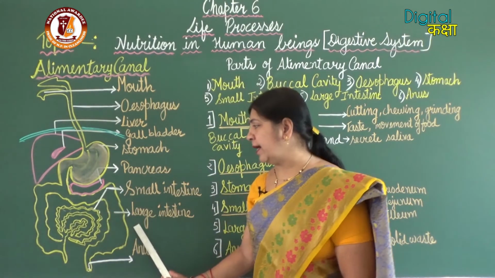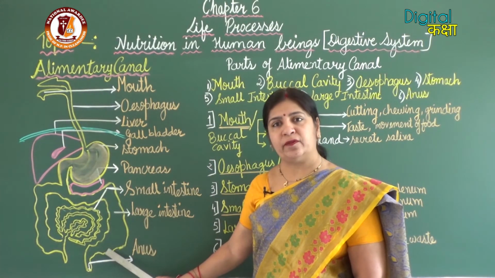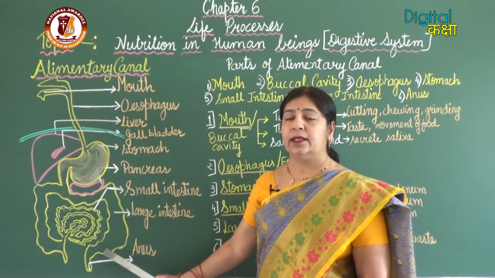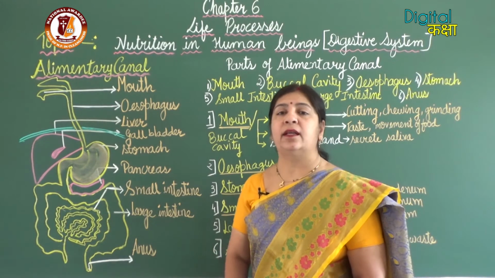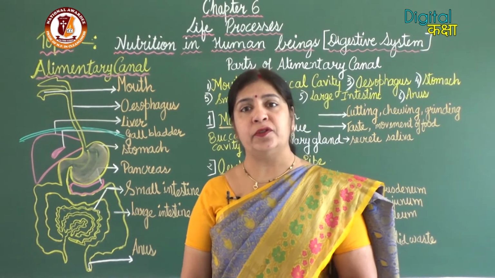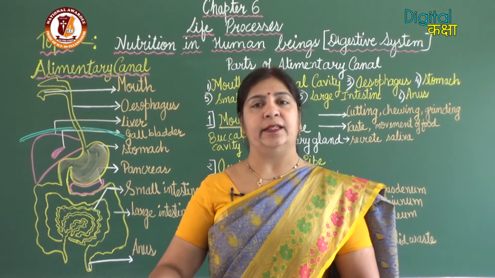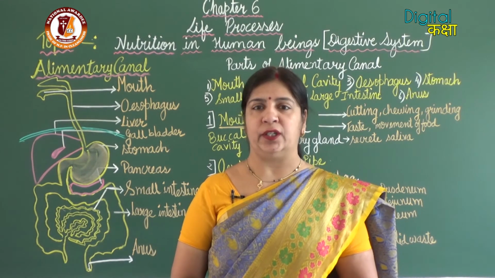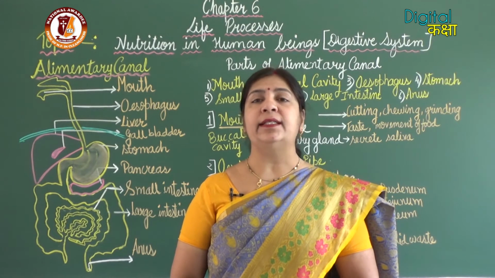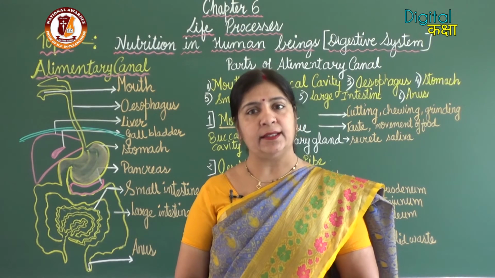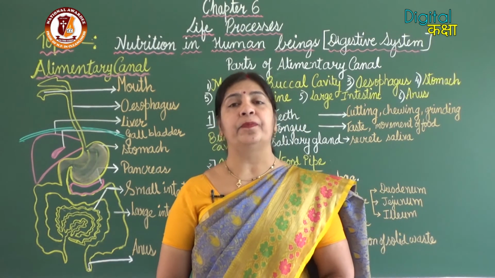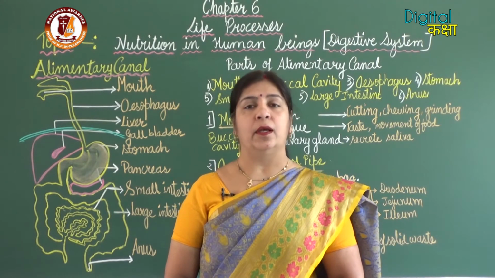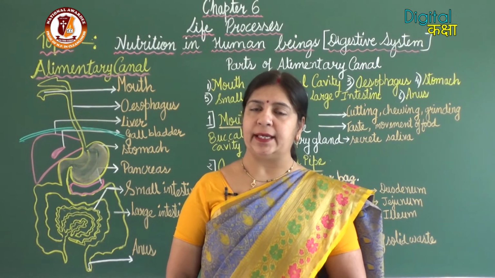The large intestine is about 1.5 meters long, and it is the place where the undigested food reaches and then passes further for egestion. In the large intestine, the absorption of water takes place. The large intestine has two parts, colon and rectum.